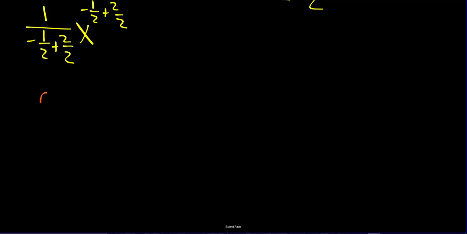Let's suppose that we've got negative 1 to 2, something like this, and we've got 1 over x cubed, let's say. Let's just look at this one.